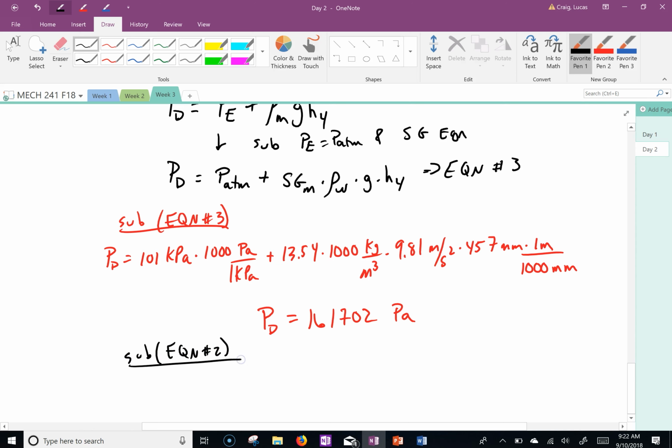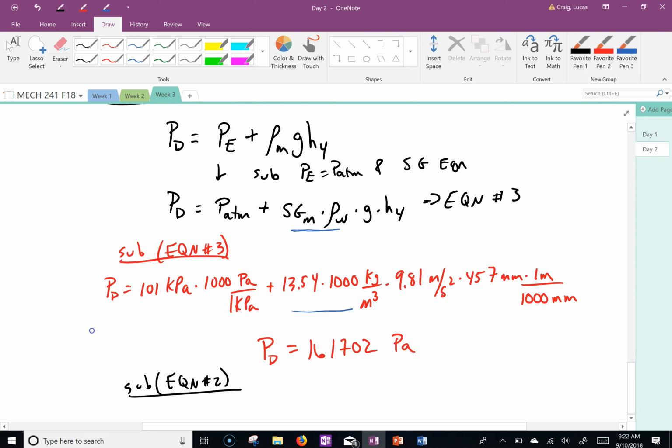Why did you use rho W instead of rho F? This part right here? Yeah. That is the specific gravity equation. This is the density of mercury. And that right there, so I kind of skipped a step, right? That right there is the density of mercury. Okay?